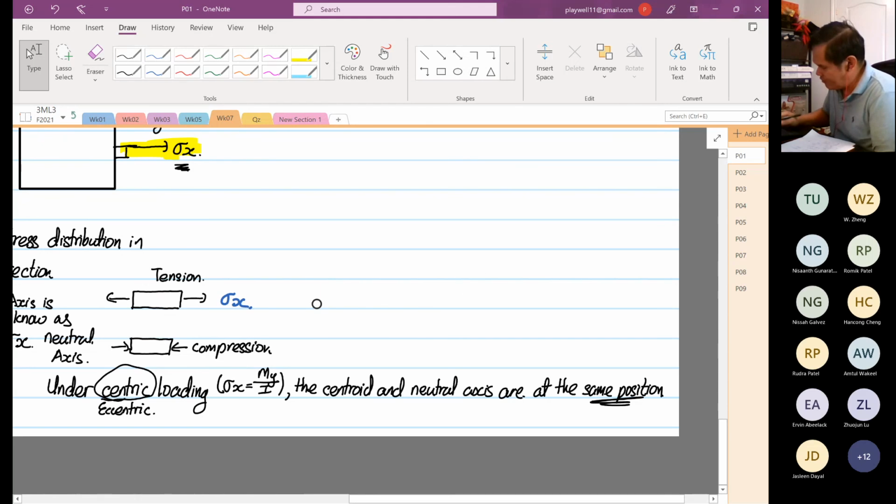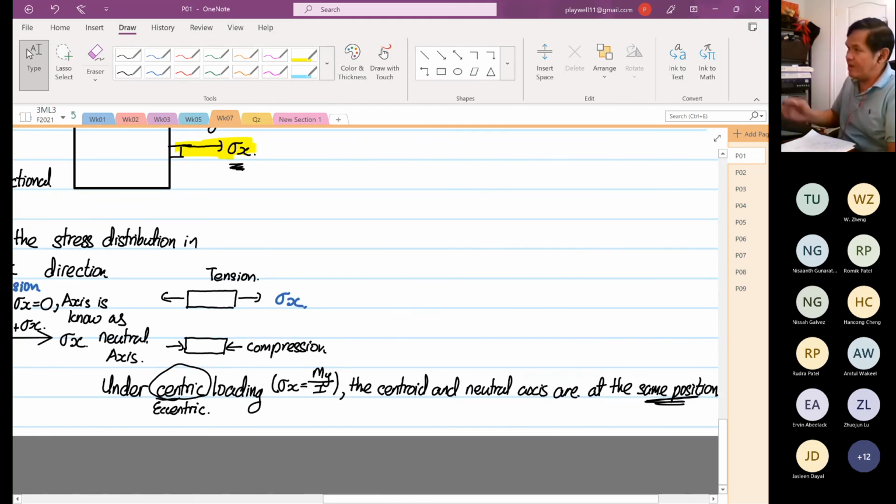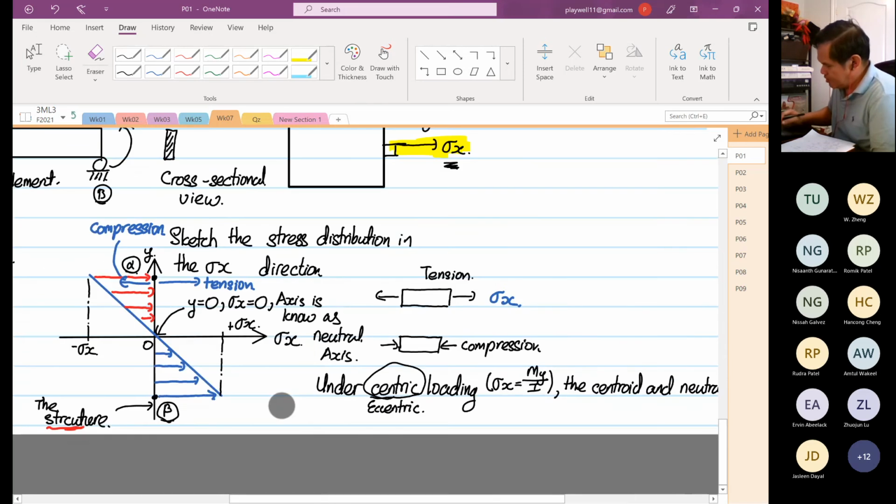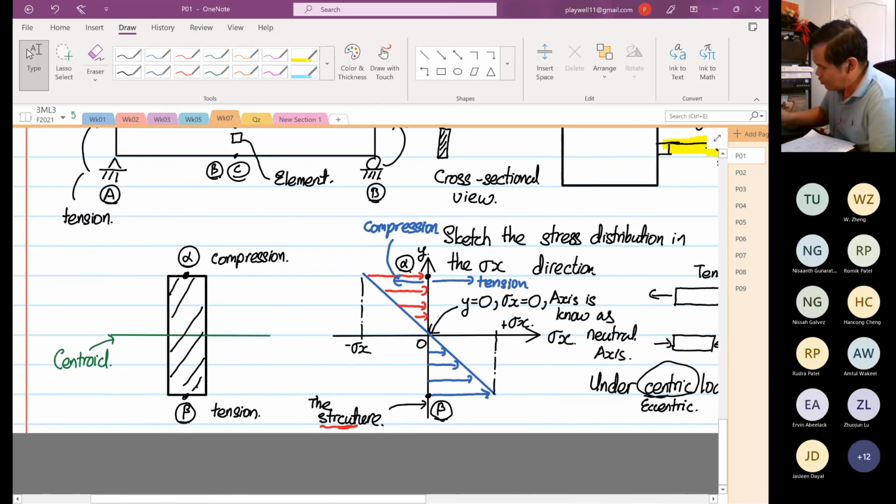If you look at the green line that I've drawn, this is the centroid. The centroid is also on this axis over here, so this point is also our neutral axis, where stress x is also equal to 0.